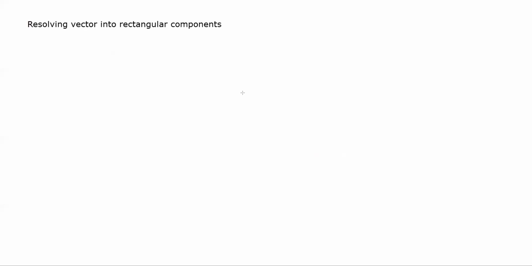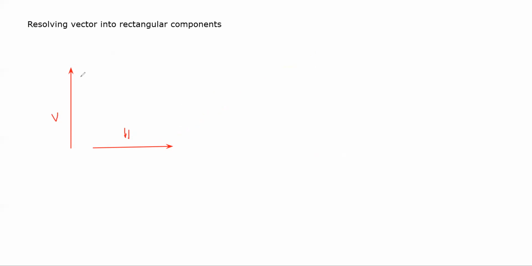Like you have a force which is 30 Newton. First you should have an idea of a rectangular component. Look, if I draw an arrow up, it is a vertical component. If I draw an arrow towards right or towards left, it is horizontal. Right or left is horizontal, up or down is vertical.